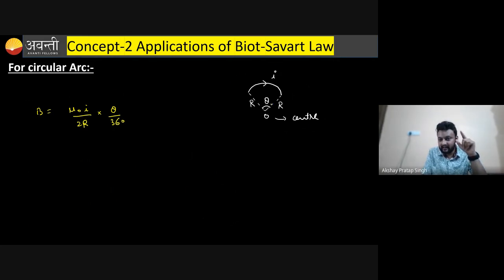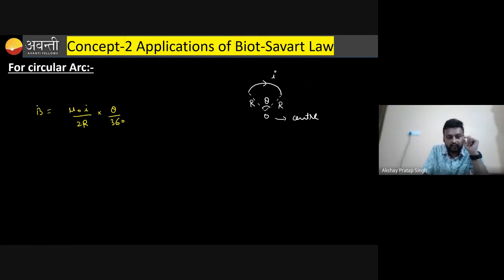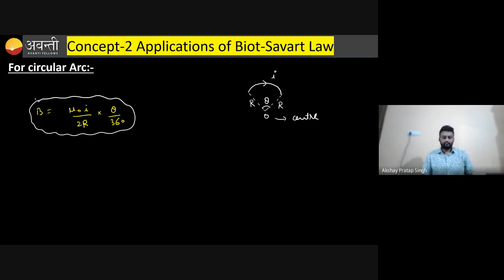Theta is this angle in degrees divided by 360 and you will get your desired result. This is the field due to a circular arc. Is this thing again clear to you?